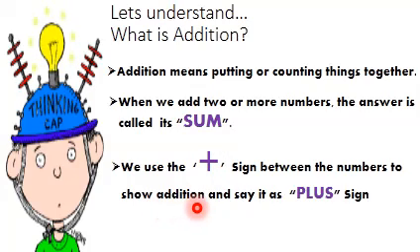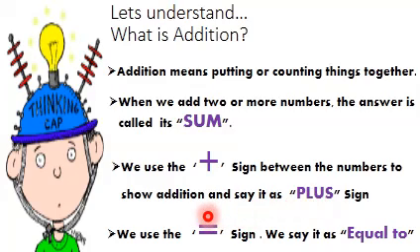There are 2 horizontal lines. We use this also when we are writing the tables. So these 2 horizontal lines is the sign that we use to say equal to. Equal to. Correct.